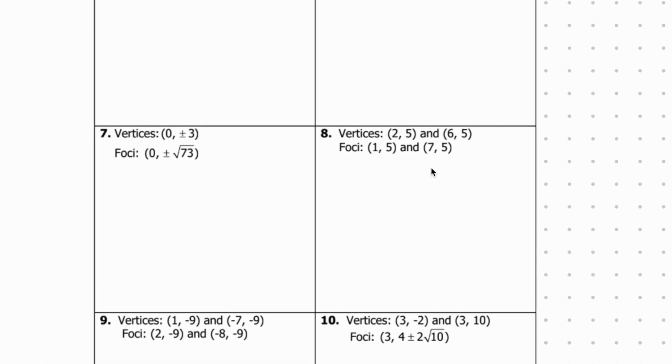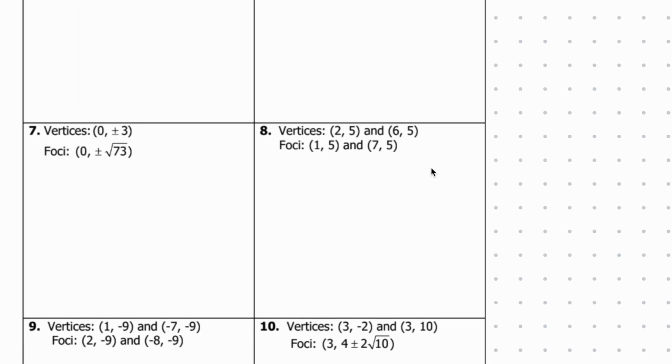In this case, let's do a case where our center is not the origin. So I'm going to find the midpoint between 2, 5 and 6, 5. And so in this case, I see that we have the same y value, so I'm just going to find the midpoint of 2 and 6, which we can just see is going to be 4. But if we wanted to do it, we'd say, right, we have x1 plus x2 over 2.